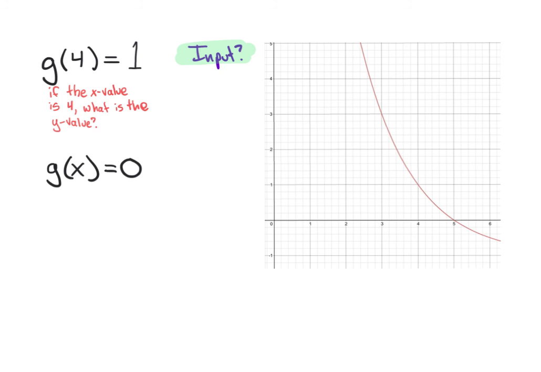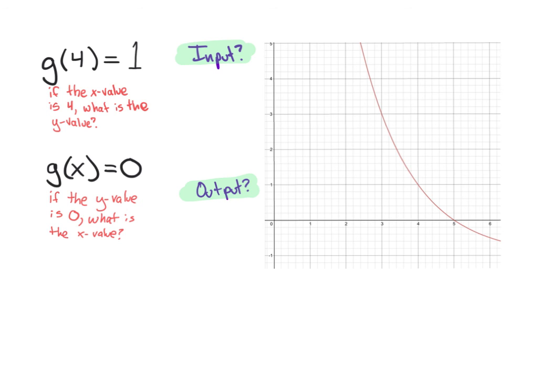Last but not least, I'm going to start with that same question. Do I have an input or an output? Looking at my equation, I see that there is an x inside the parentheses, so I have been given an output. Another way I could read this is, if the y value is 0, what is the x value?